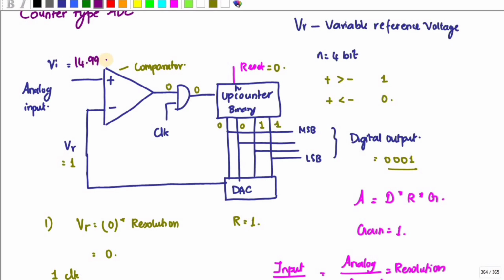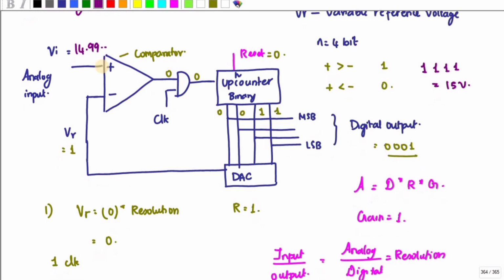Because if the VA is greater than this value, it can't convert this analog input into a digital output. Okay, so the limitation is that the maximum value is nothing but 4 ones, right? The 4 ones represent 15 volt. So it will not convert a number which is more than 14.999. Okay, this is one limitation.